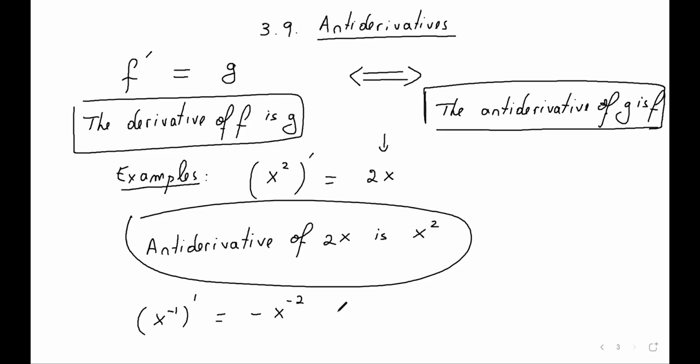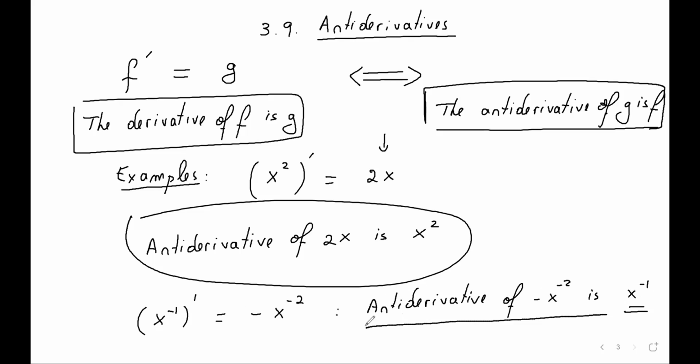To read this with antiderivative, we say the antiderivative of negative x to the negative 2 is x to the negative 1. So it's the function whose derivative is negative x to the negative 2, which is what we wrote there. That is the way to write this with antiderivatives.